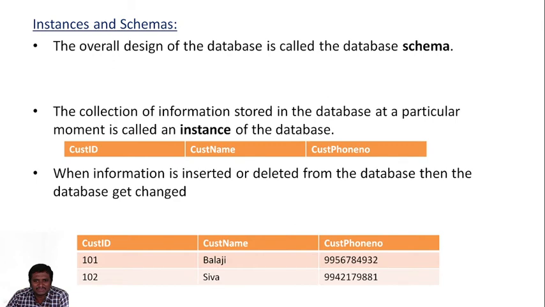We can also store the customer ID details 101, 102, the customer names Balaji and Siva, and the customer phone numbers. That is called an instance of the database. So schema is the overall design of the database, and an instance of the database is the information stored in a database at a particular moment.